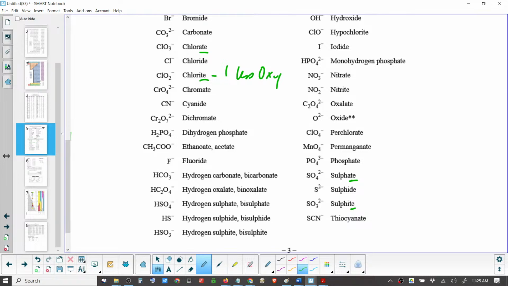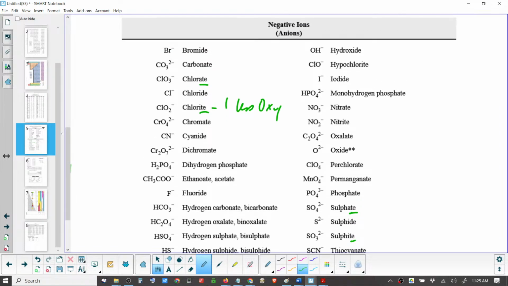So that pattern actually makes a lot of them easier to know than you would otherwise think. They're not all just separate. They have a relationship. You can even go further. There is chlorate, which is ClO3, chlorite, which is ClO2, and then there's hypochlorite, which is one less oxygen than chlorite.